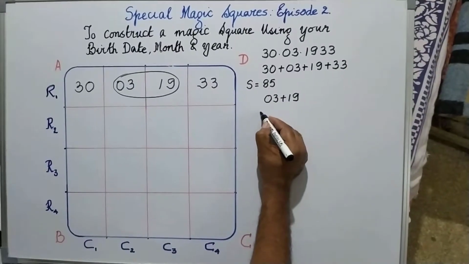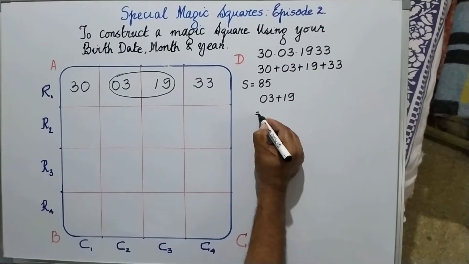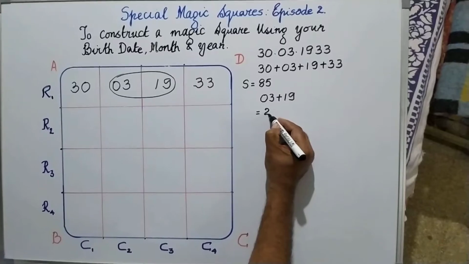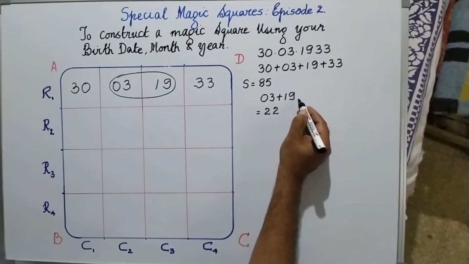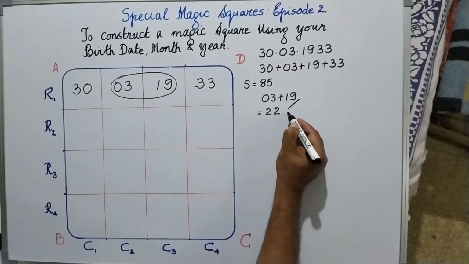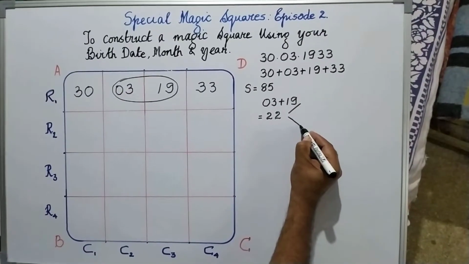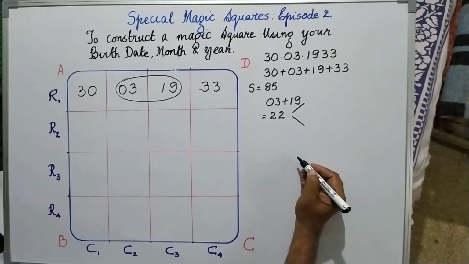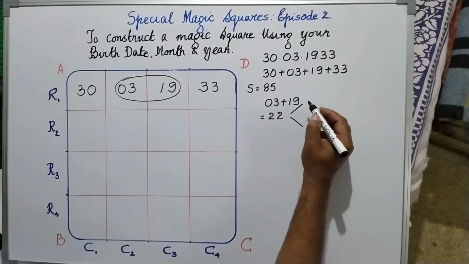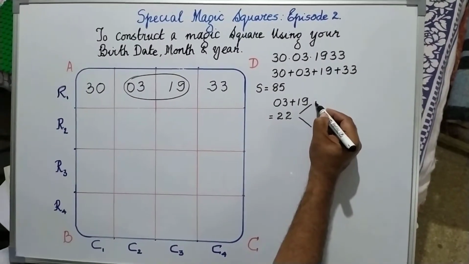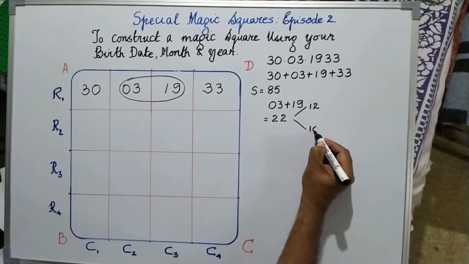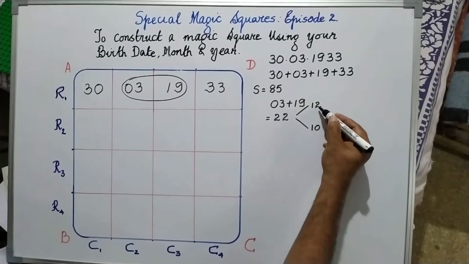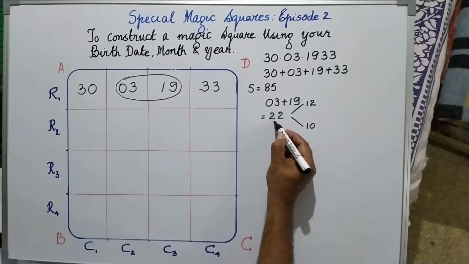If I add 3 and 19, I'll get 22. This 22, I will split into 2 parts. The first part I have taken here as 12 and the second part is 10. If you add these 2 parts, you should get 22.